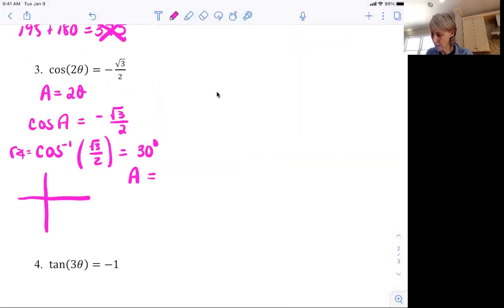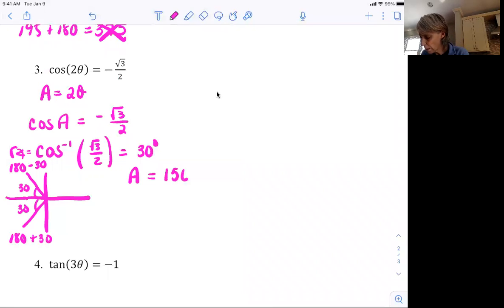My function value is negative, so I know my solutions are going to be in quadrant 2 and quadrant 3. 180 minus 30 degrees, 180 plus 30 degrees. So just getting my solutions now, I have 180 minus 30, so A is 150 degrees, or A is 210 degrees.